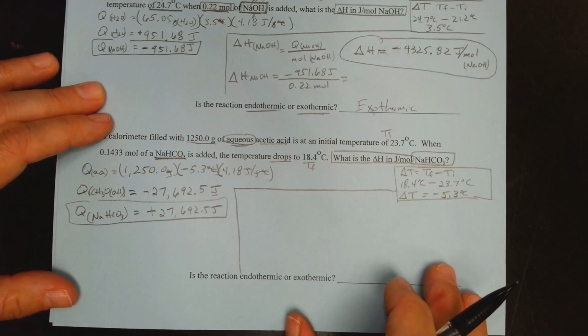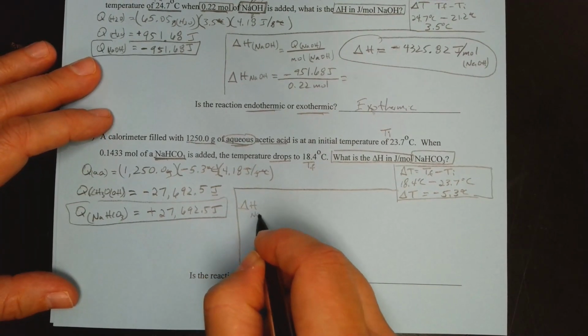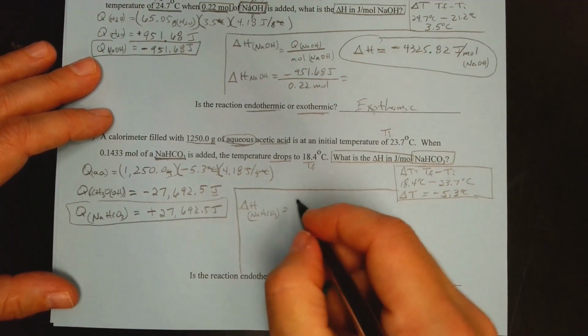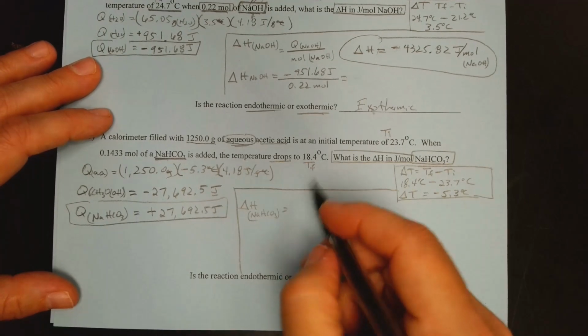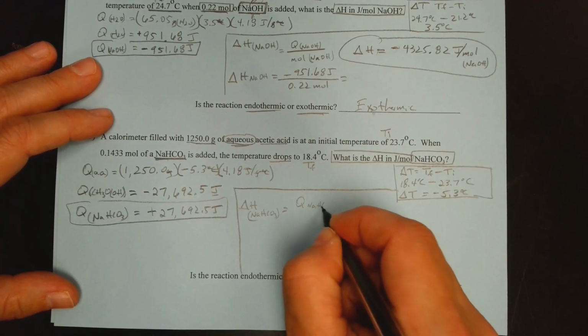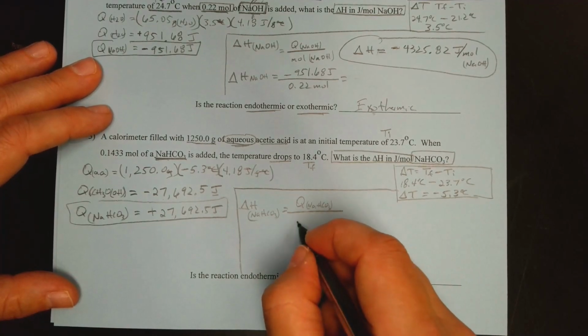the substance NaHCO3. So the delta H for this substance, NaHCO3, equals the Q, or the change in thermal energy, of the NaHCO3 over the moles of that.